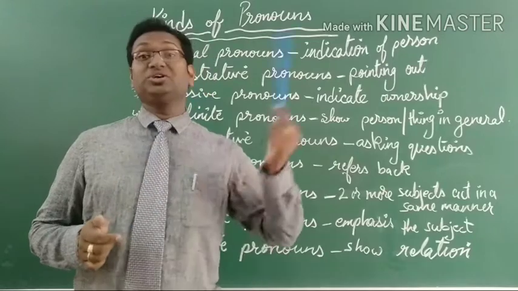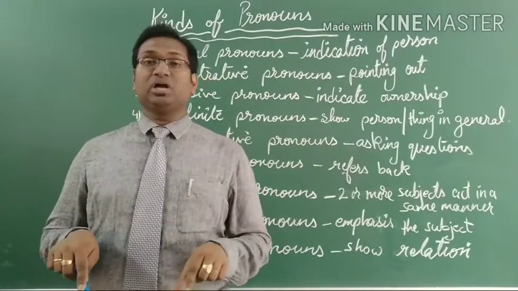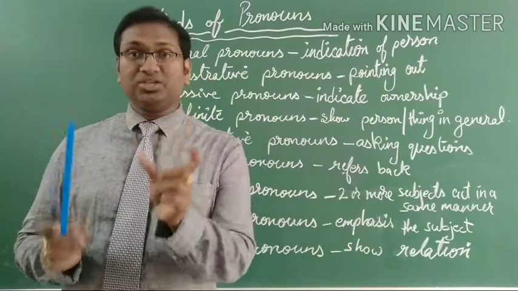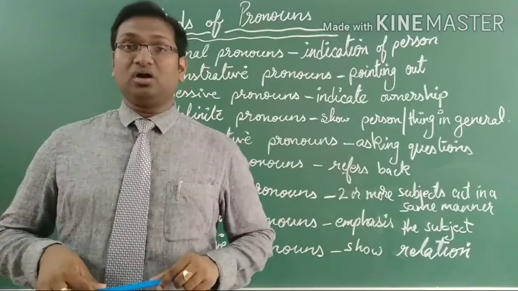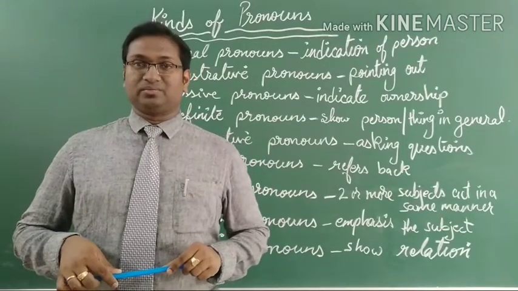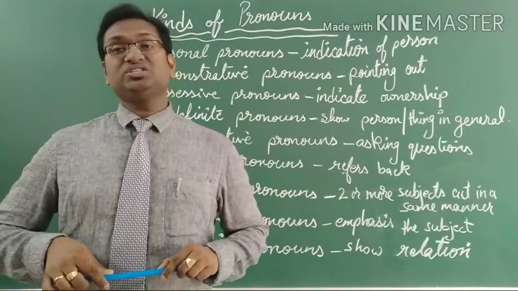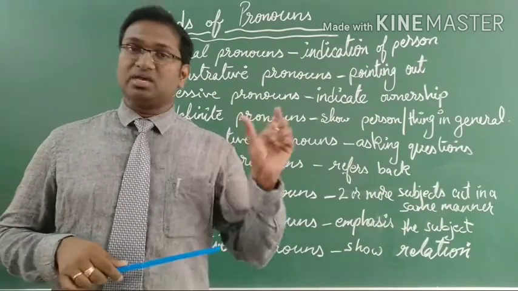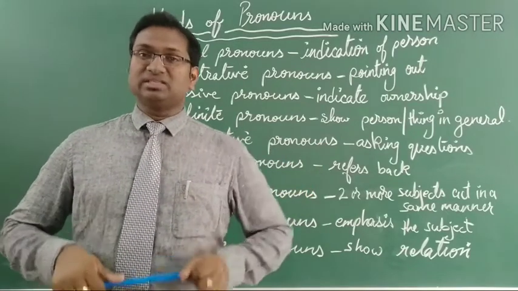Which is also used in interrogative, but the difference is in relative pronouns we are using the word which between the sentences. That is why it is your relative pronoun. Second example, he is the boy who lost my notebook. He is the boy, first sentence, lost my notebook, second sentence.